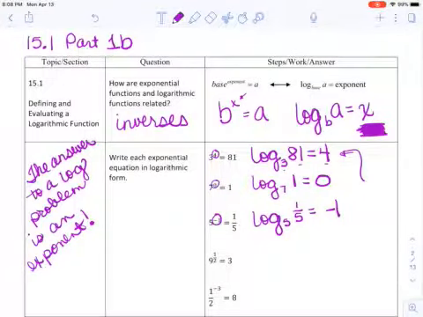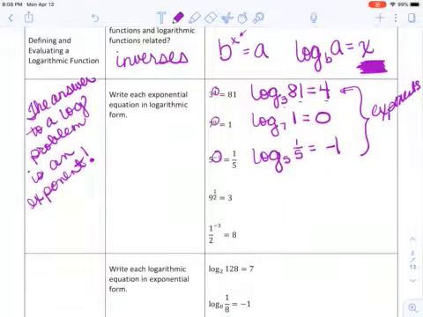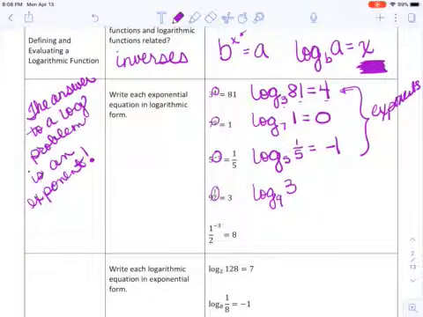All these numbers over here are exponents. Again, what's my exponent? A half. So log base 9 of 3 equals 1/2.